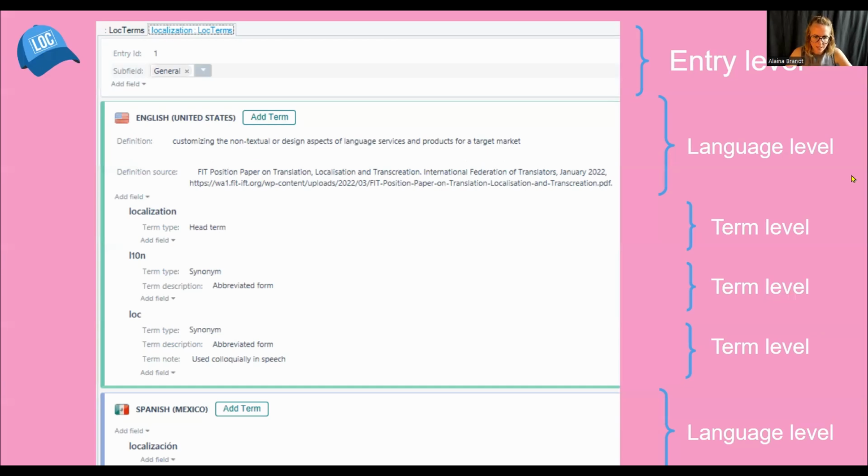When collecting true terminology in a term base, and when I say true terminology, I'm talking about specialized terminology rather than organizational jargon like branding, or even elements of writing like headers that people would like to keep consistent.